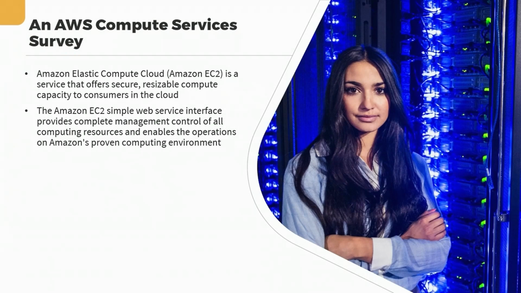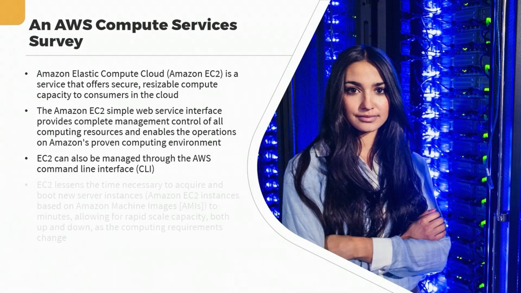The Amazon EC2 simple web service interface provides complete management control of all computing resources and enables operations on Amazon's proven computing environment in data centers, in availability zones, in regions all over the world. EC2 can also be managed through the AWS Command Line Interface, CLI, programmatically.